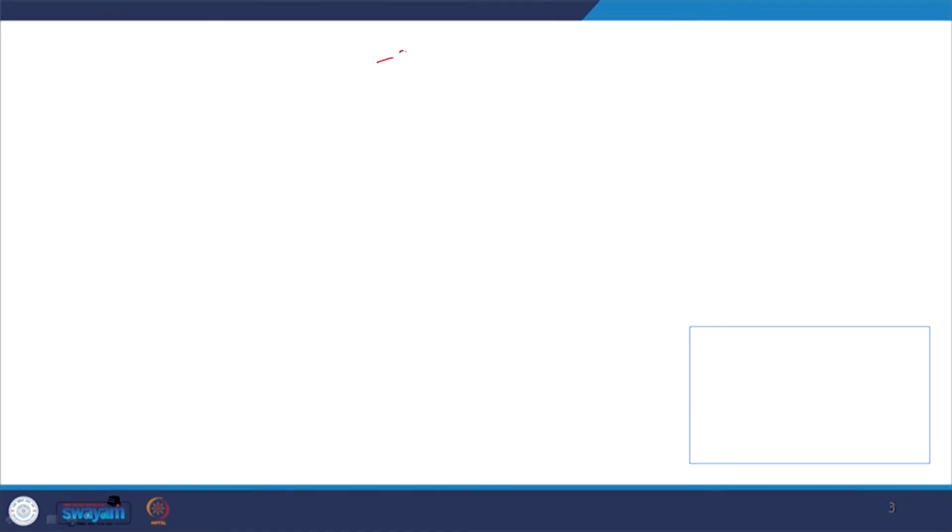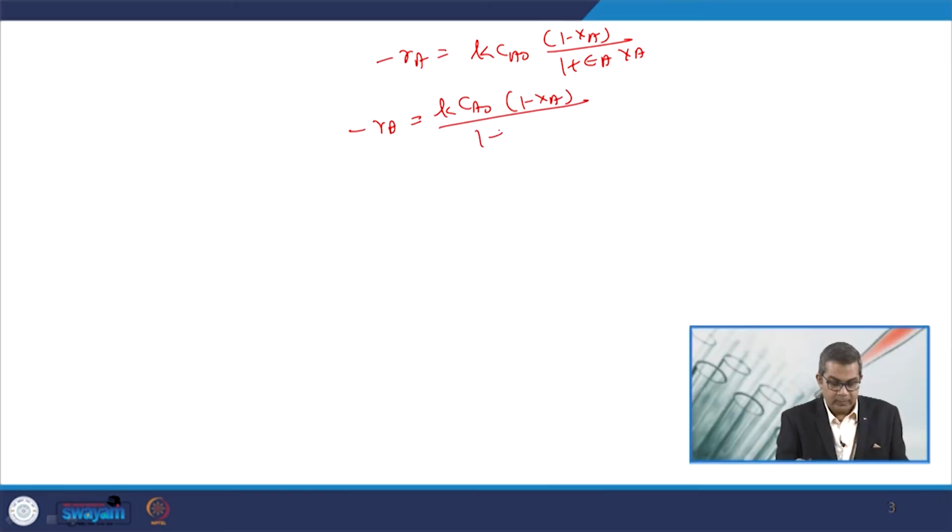Now minus rA is equal to k CA naught (1 minus XA) upon (1 plus epsilon A XA). So minus rA is equal to k CA naught (1 minus XA) upon (1 plus XA), for epsilon A equal to 1. This can be my equation number 1.